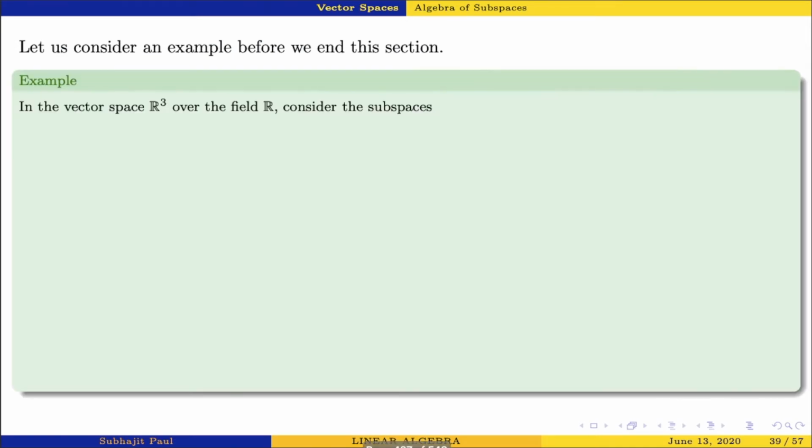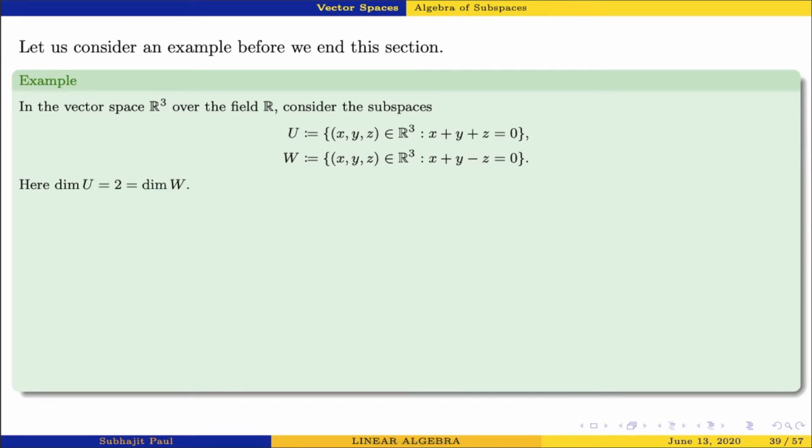In the vector space R3 over R, consider the subspaces. We already considered earlier U as the plane x plus y plus z equals 0 and W as x plus y minus z equals 0. Here dimension of U is 2, and dimension of W is also 2.